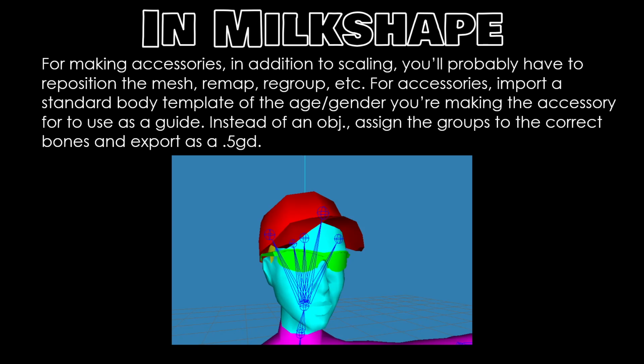You would obviously have to delete the body template first, but yeah, pretty much. Accessories are a whole thing, so I'm not going to delve into much detail as far as building them in Milkshape, but for the purpose of this workshop, I will show you the basics.